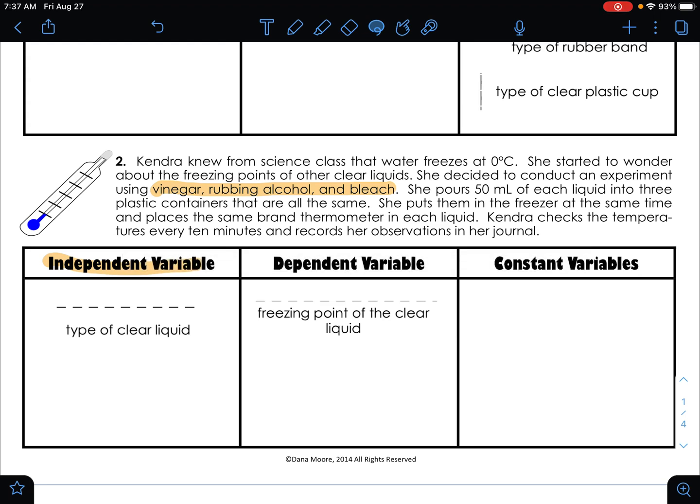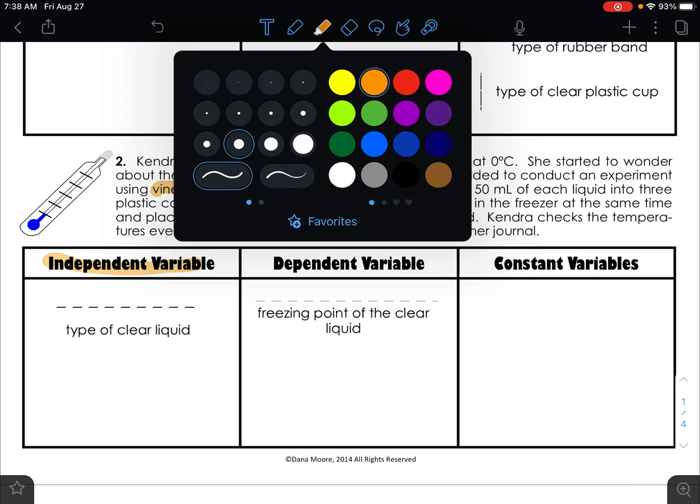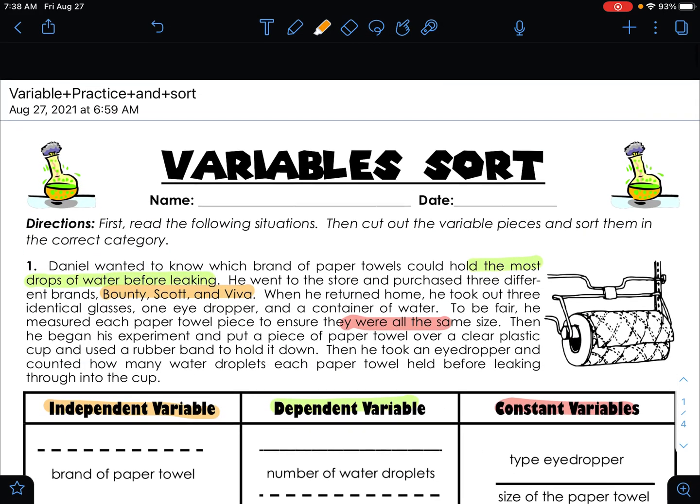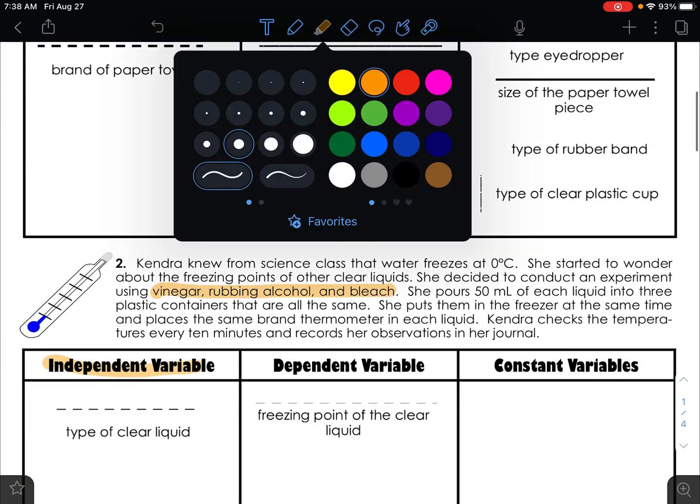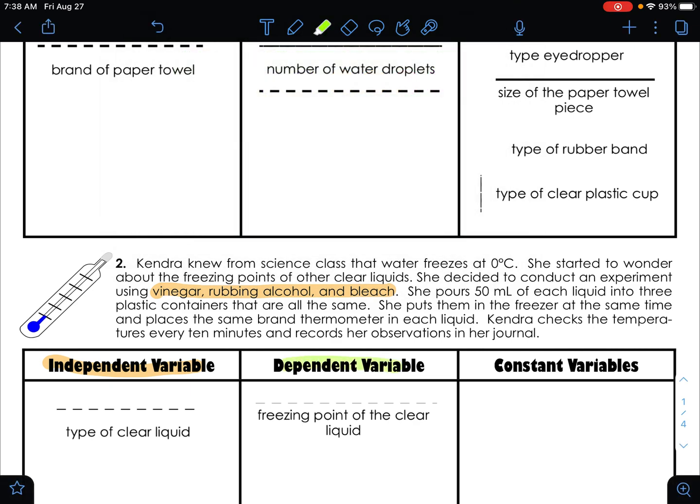So I wonder if vinegar or rubbing alcohol or bleach also freezes at 0 degrees Celsius. All right, so that is her second one here. Let's take a look at what we use. We use green up here. All right, so our dependent variable, she's wondering about the freezing point of the other clear liquids.